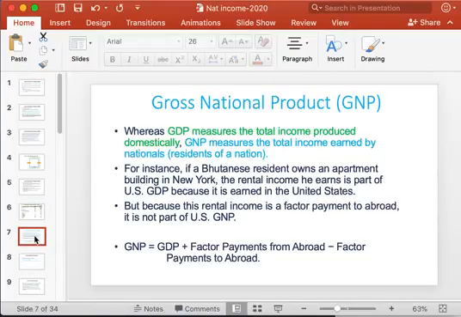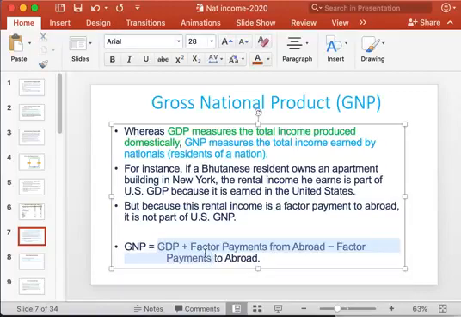Now to move on to gross national product. Gross national product is equal to the GDP plus factor payment from abroad minus factor payment to abroad.